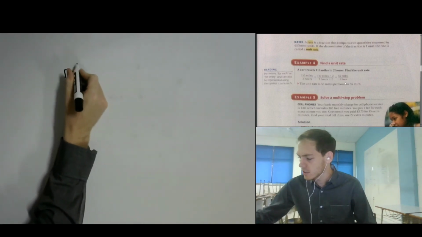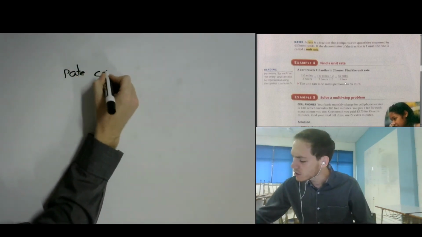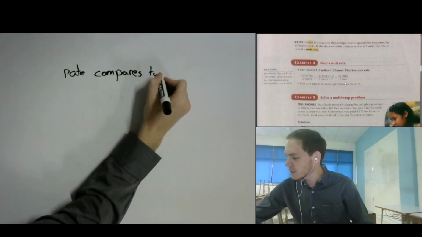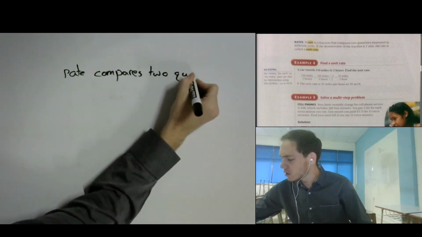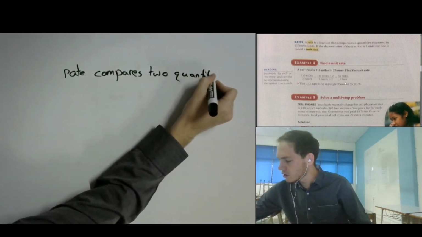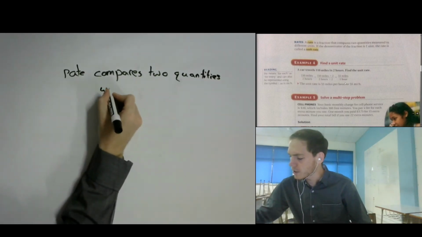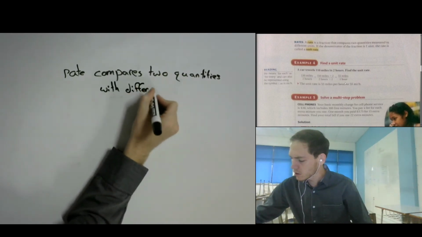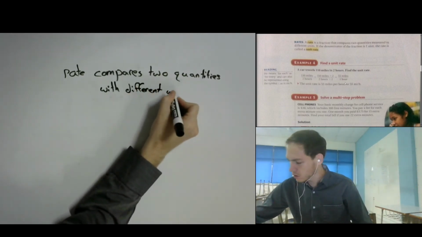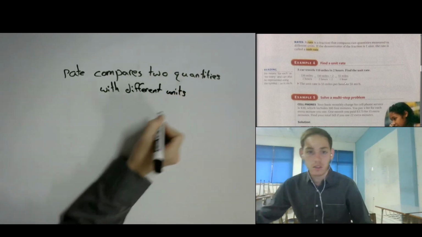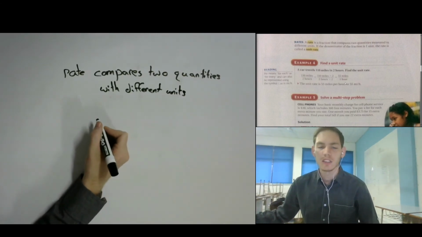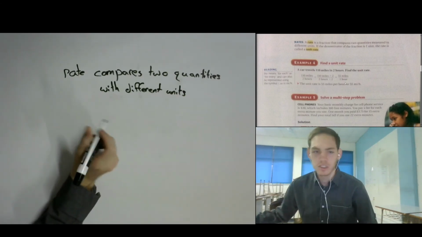So a rate compares two quantities with different units. And then if the unit is 1, it's called a unit rate, if the denominator of the fraction is 1.